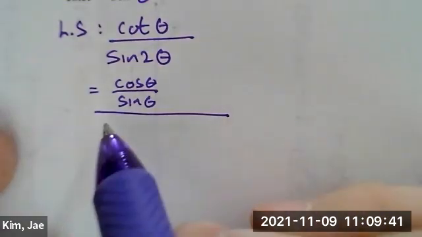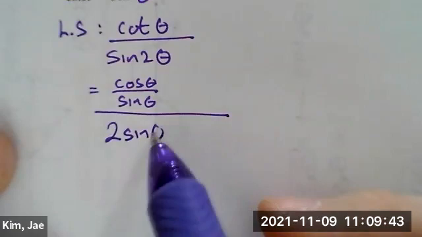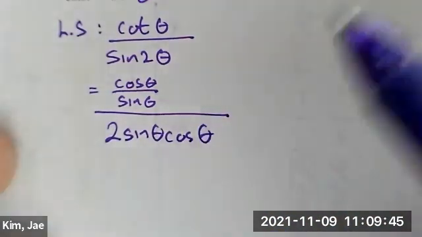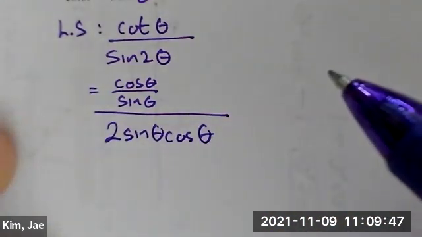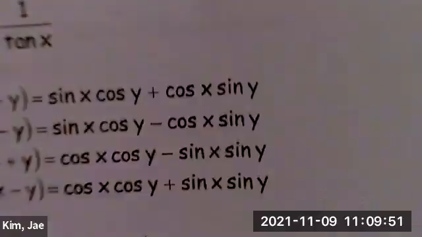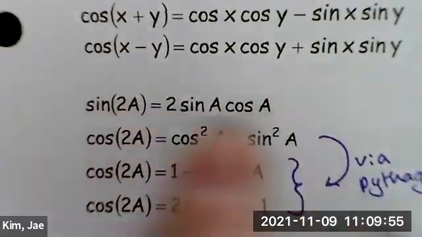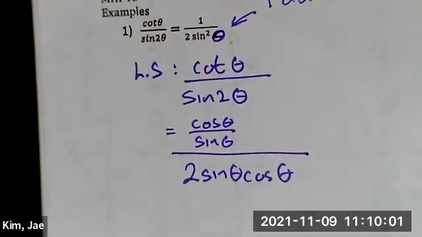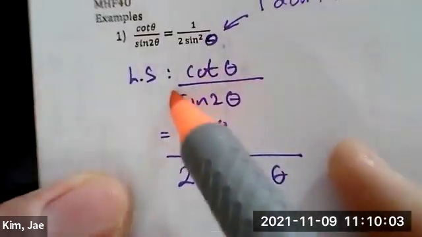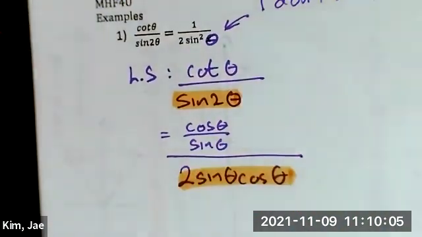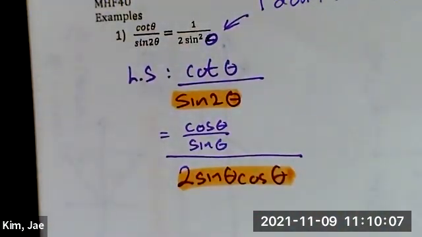Sine 2 theta is going to be 2 sine theta cos theta. Remember that identity? We just proved this one to be true. Maybe I'll use some color to highlight where this is going, and then I'll use another color.